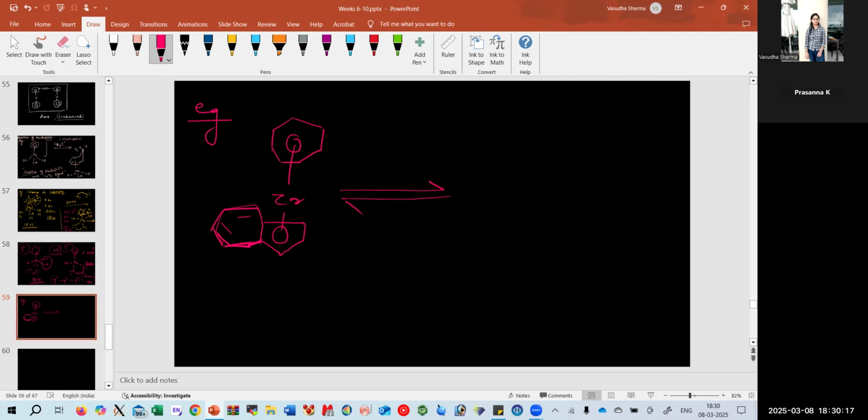So when you're giving a source of PMe3, this is basically a 16 valence electron.